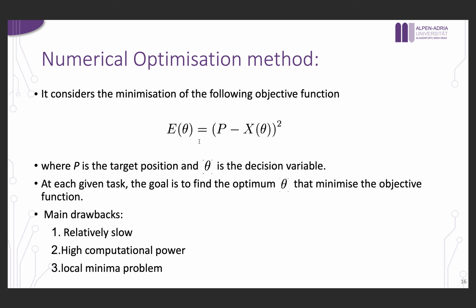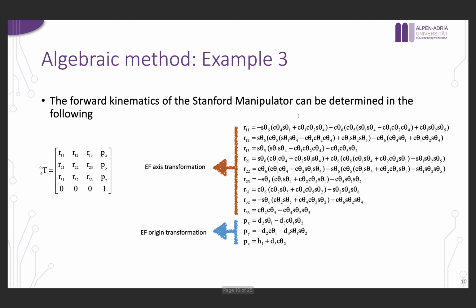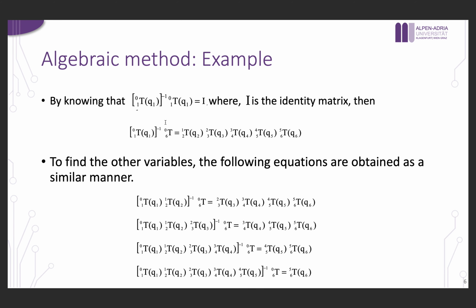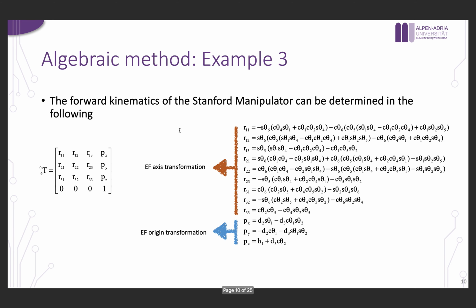Okay, so for the exam, what is really important to know is how to apply these three different methods. You don't need to solve these equations for the algebraic. You just need to know the general algorithm, how it works. For example, you need to state the steps: first you multiply, and then you search for the set of equations.